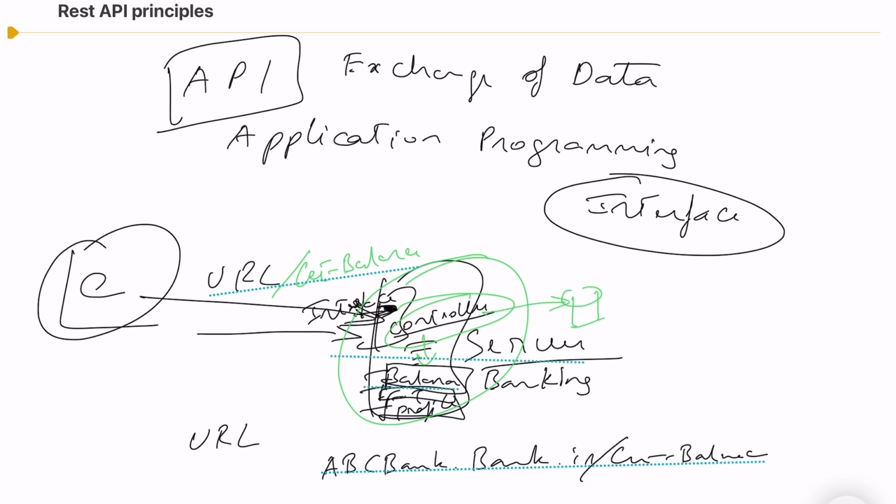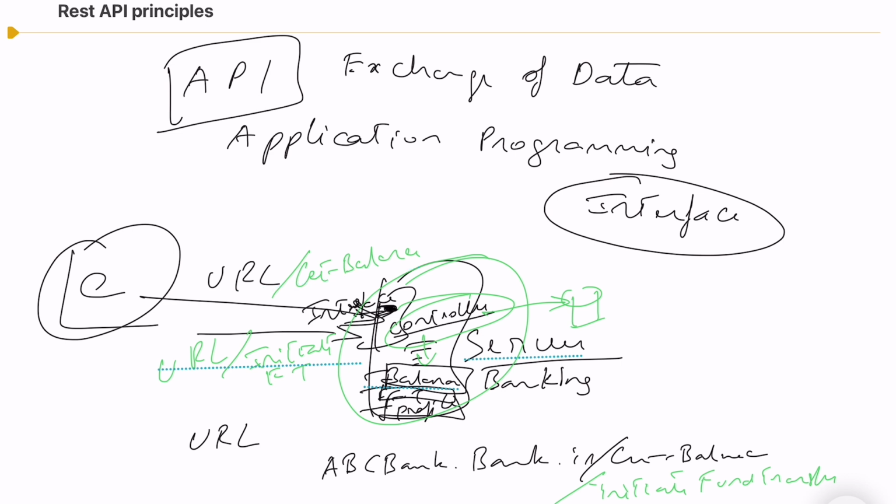Same way, if after the URL it is written initiate fund transfer, let's say, URL slash initiate fund transfer, that will again hit a controller and there will be an interface, an API, which will then respond back. It will take the request, probably with from and to account details, process it and then give a response that it is a success.